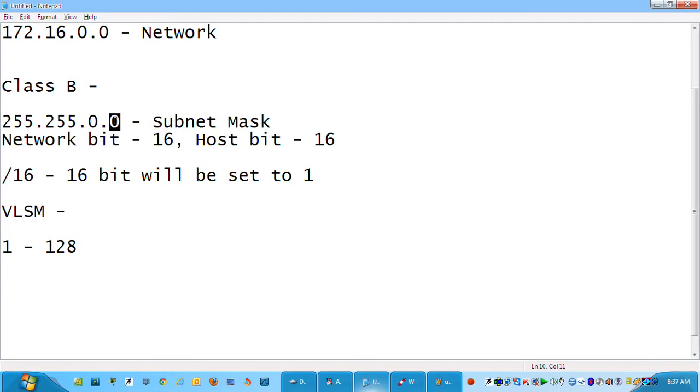If it is in between, then I have to calculate. If the bit is 0, the value will be 0. If it is 1, then it will be 128. How am I getting it?